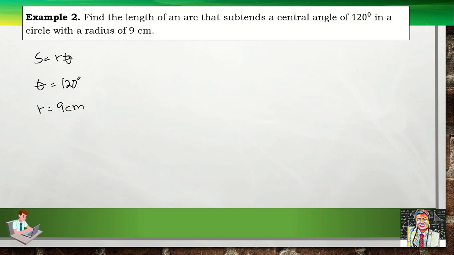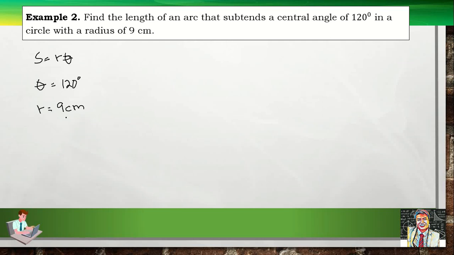And the radius is 9 cm. Since our theta is in degrees, as I said earlier, before we use the formula for central angle, theta must be in radian measure.